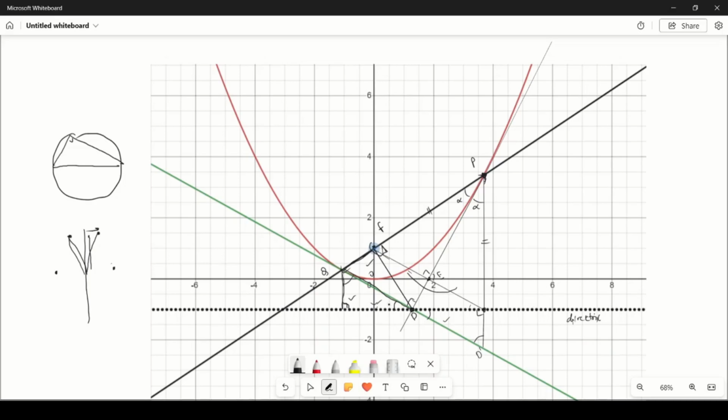Well, because this is an angle here, and this is going to be equal to this angle through the vertically opposite angles, right?